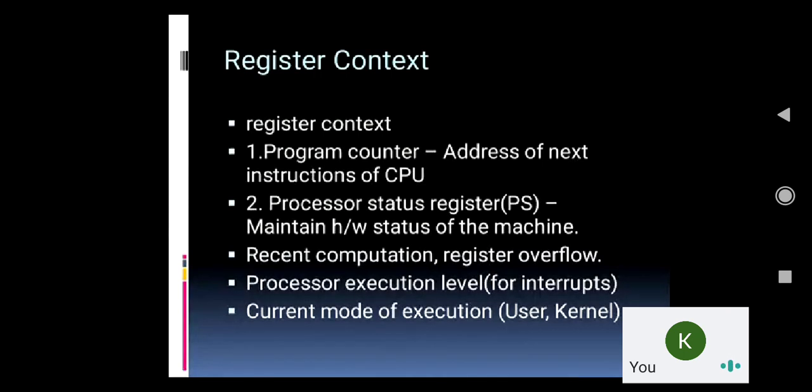Whenever a process has to complete its work, first it moves to user mode and then comes to kernel mode, and being in kernel mode it completes its work. So the current mode of execution is whether it's running in user mode or kernel mode. All these things come under register context: the hardware we are using, the program counter we are using, and the processor execution level. Move to next slide, please.